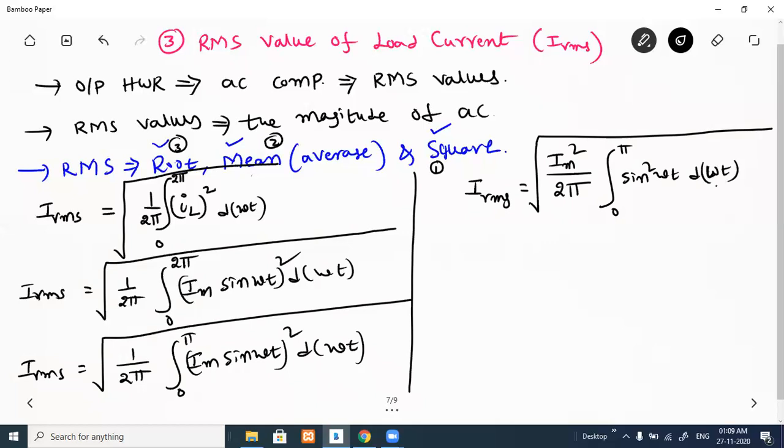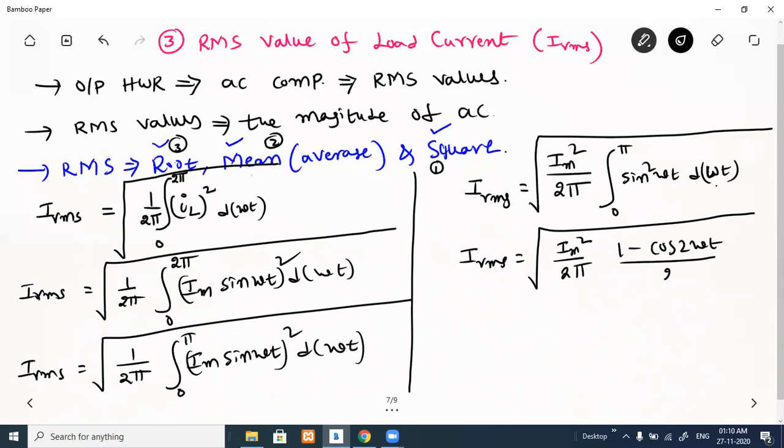Sin square omega t is equal to 1 minus cos 2 omega t by 2. So IRMS equal to square root of Im square by 2 pi into 1 minus cos 2 omega t by 2 with limits 0 to pi.